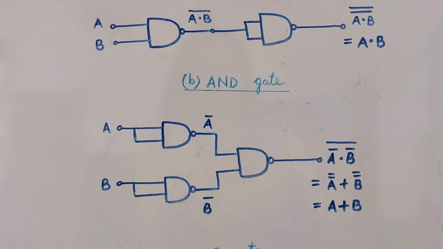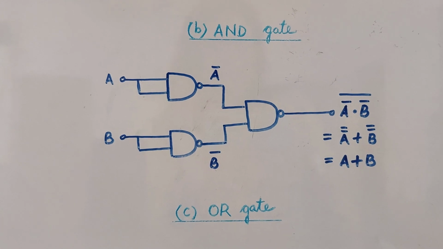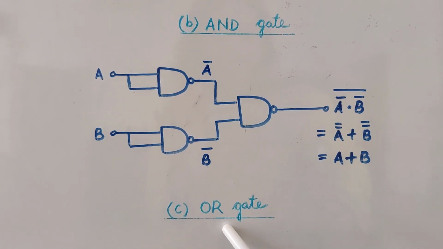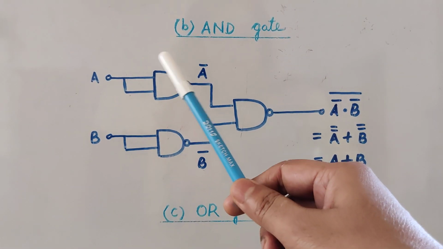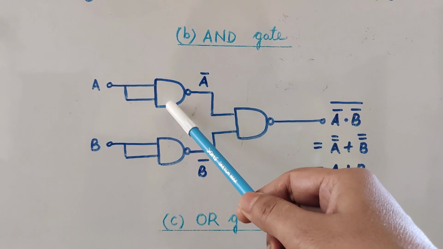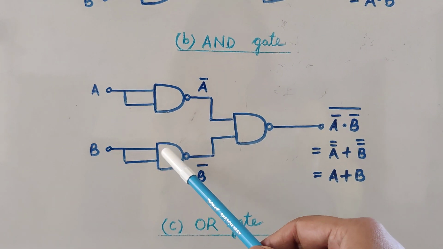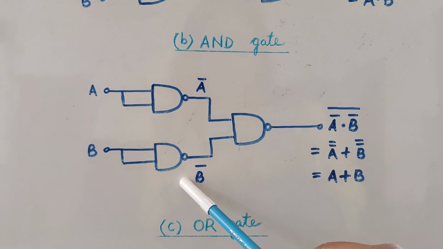Now let us see how we can implement an OR gate by using NAND gates. As we see from figure C, we have taken two NAND gates to which we have given the inputs A and B. To the first NAND gate, we have given the input A to both the inputs. Similarly, we have given the input B to both the inputs of the second NAND gate.